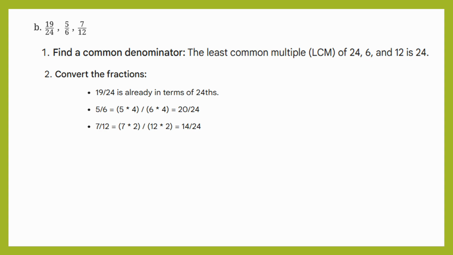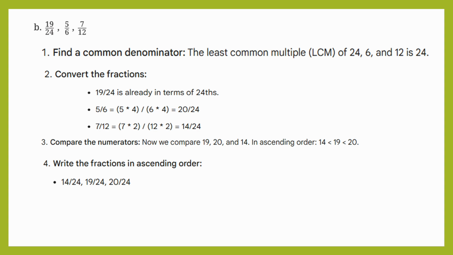Then third fraction, 7 by 12. You have to multiply both numerator and denominator by 2. 7 into 2 is 14. 12 into 2 is 24. So 14 by 24. Now we can compare the numerators. Now we compare 19, 20 and 14. In ascending order, 14 is less than 19, which is less than 20.